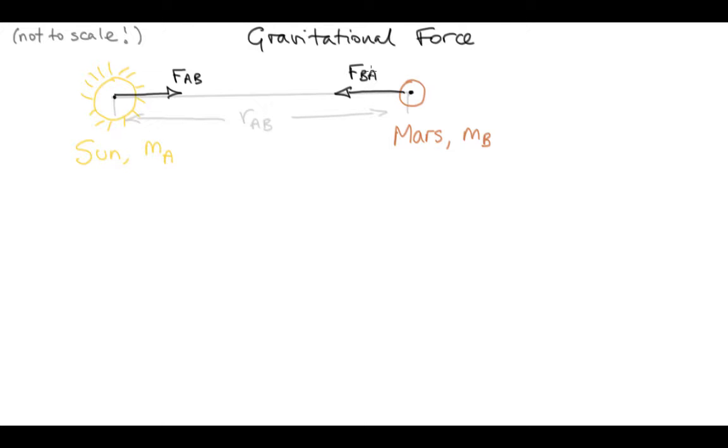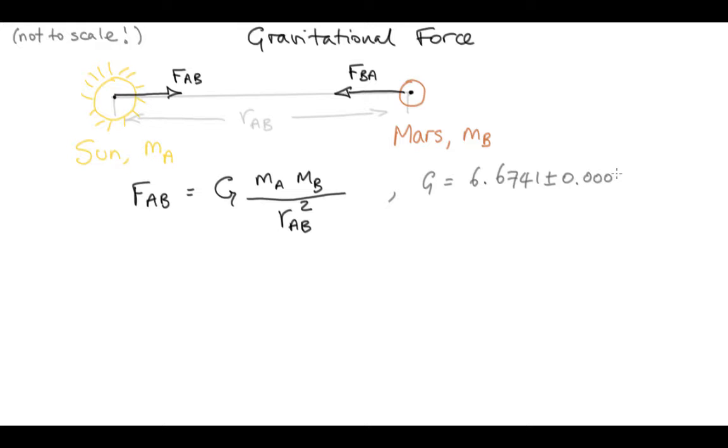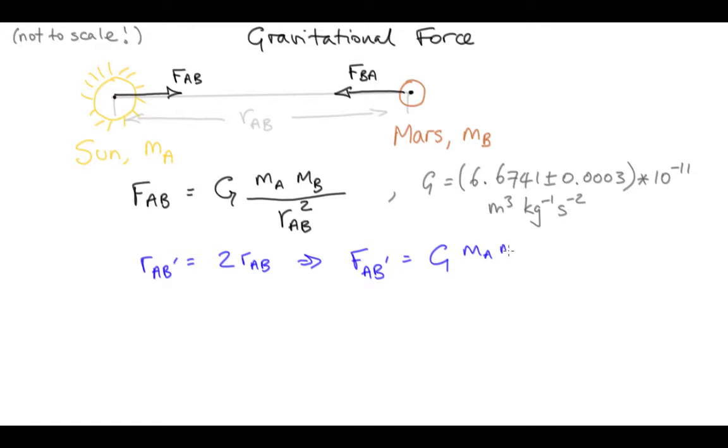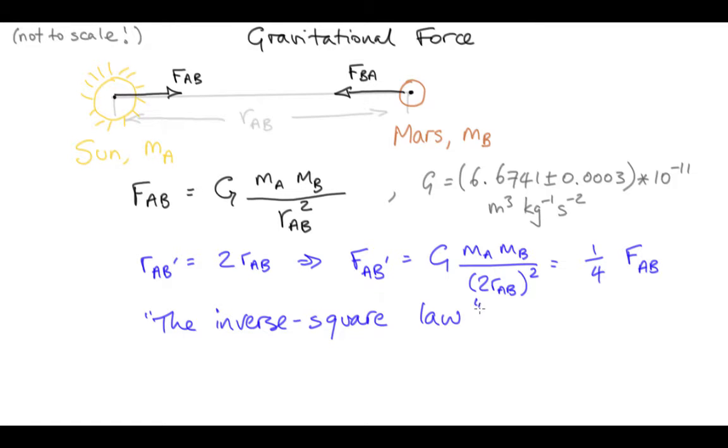For two such spherical bodies, such as the Sun and Mars, the gravitational force exerted by one on the other is given by this formula here. Ma and Mb are the masses, Rab is the distance between the centers, and the quantity G is called the universal gravitational constant, as it's assumed to have the same value anywhere in the universe. So if we could move Mars so that it was twice as far away from the Sun as it is now, it would experience a force that is just 1/4 of what it does now. And so this formula is called the inverse square law.